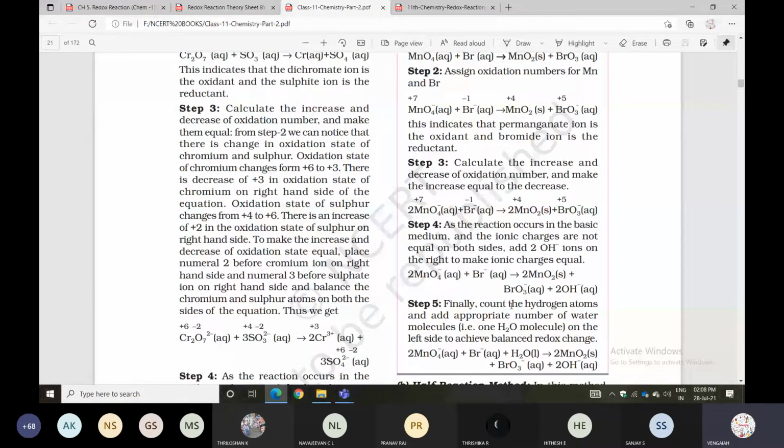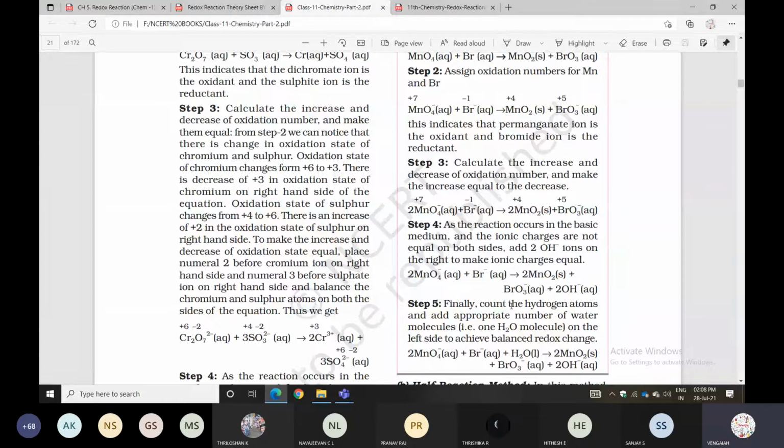So make them equal. Listen here. Add OH minus ions on the right to make the ionic charges equal. So the charge is made equal. They are adding OH minus ions on the right hand side.